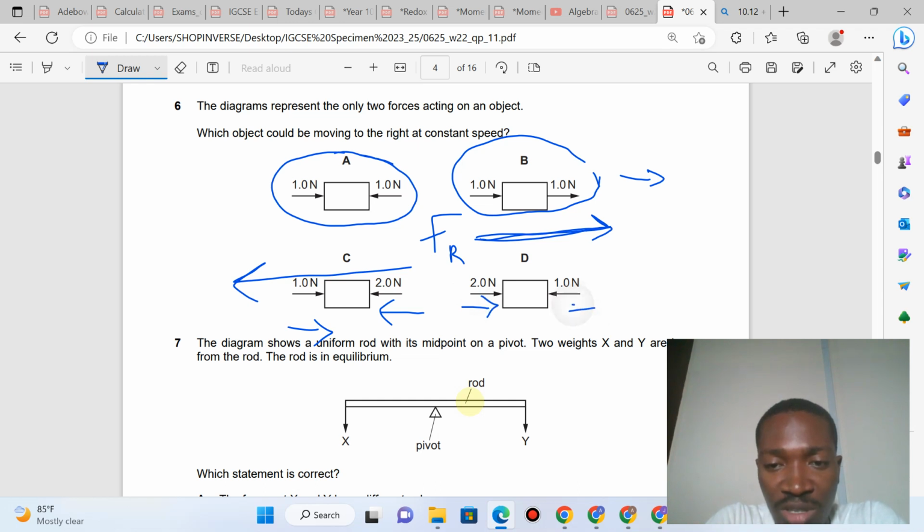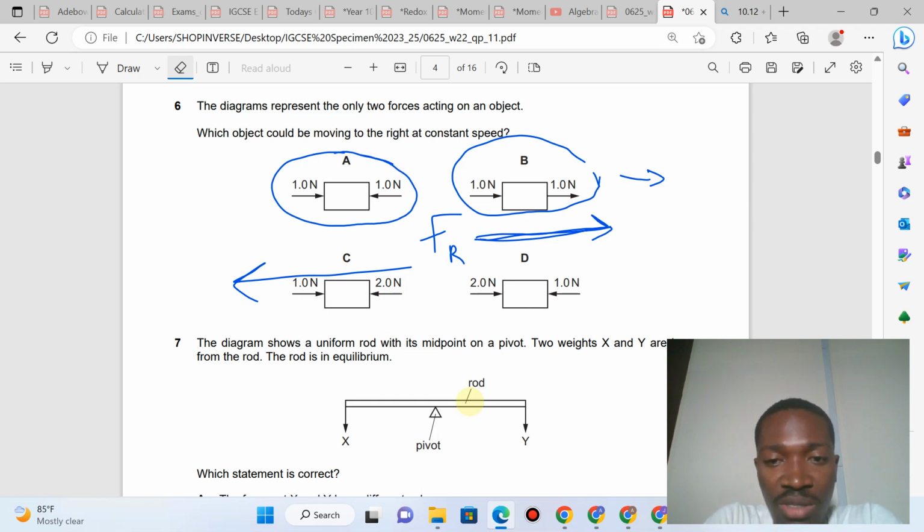The one to the left is 1 Newton. 2 minus 1 gives you 1. The resultant will be in the direction of the bigger force, which is the 2 Newton force. So the resultant will be a force acting towards the right. Which object could be moving to the right at constant speed?